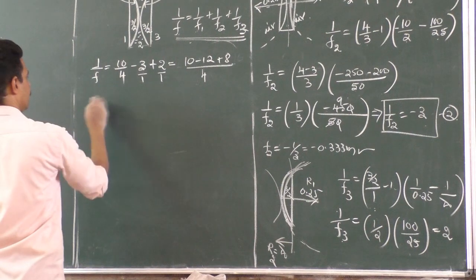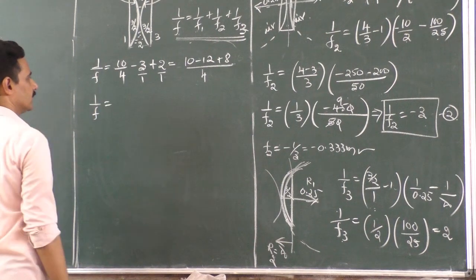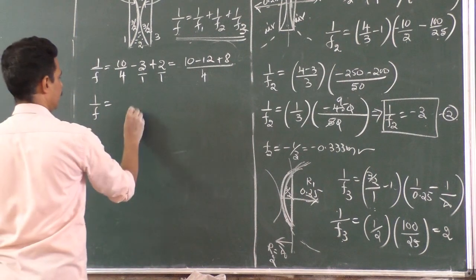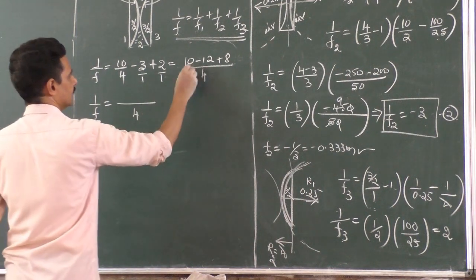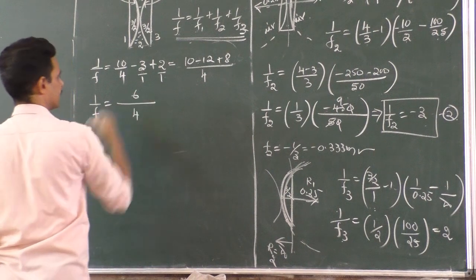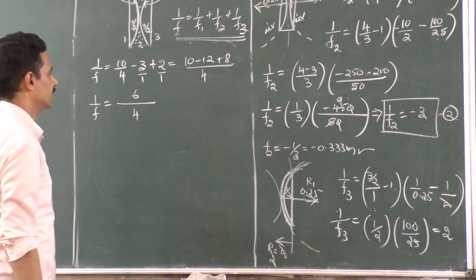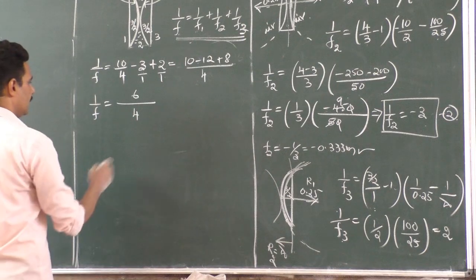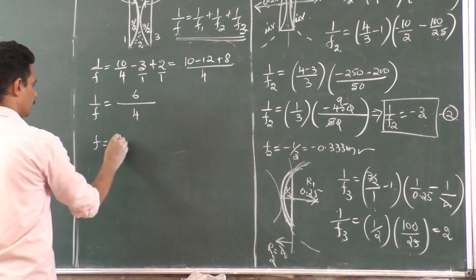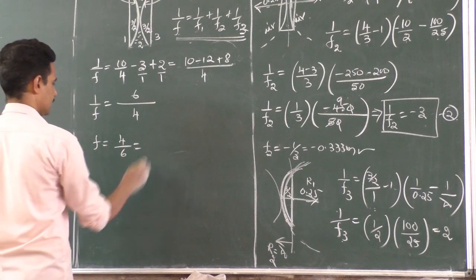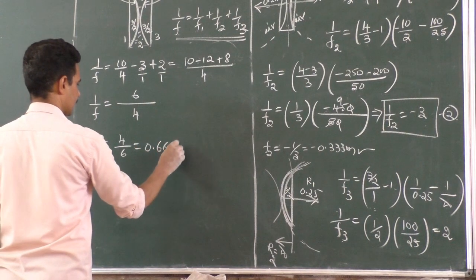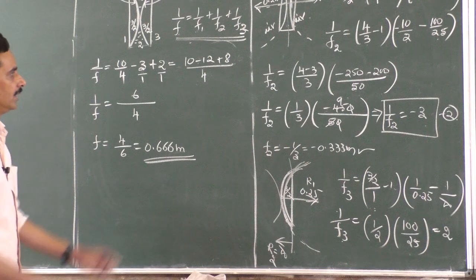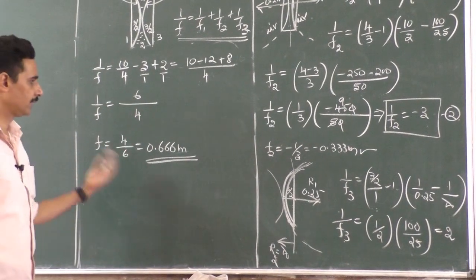This is the only focal length which is negative. 1 by f is equal to 10 by 4, minus 12 plus 8, so with 4 as common denominator, 10 minus 12 is minus 2 and plus 8 is 6. So f is equal to 4 by 6, and this is 0.666 meters. So that is the focal length of the combination, and this is the way in which you have to solve the problem.